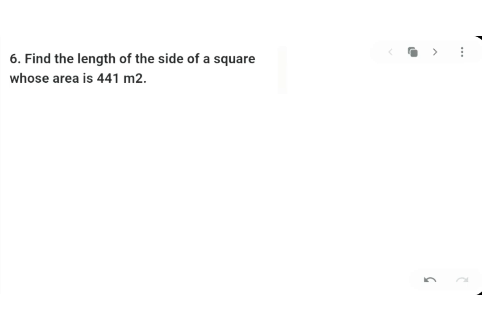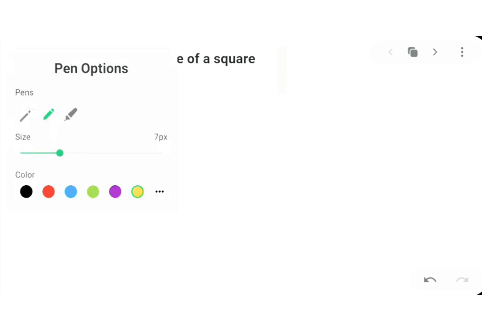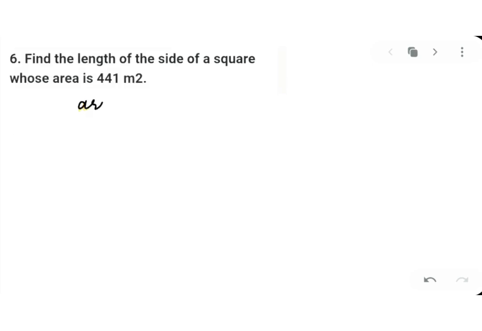In that, we have problem number 6, which says find the length of the side of a square whose area is 441 meter square. Now, we do not know the length of the square, but we know that its area is side square.